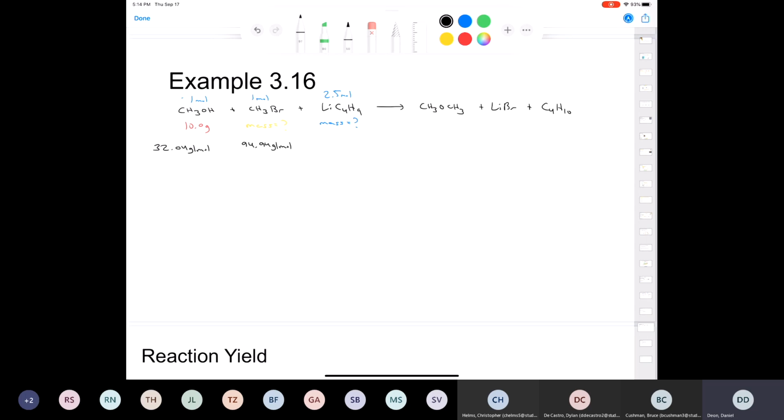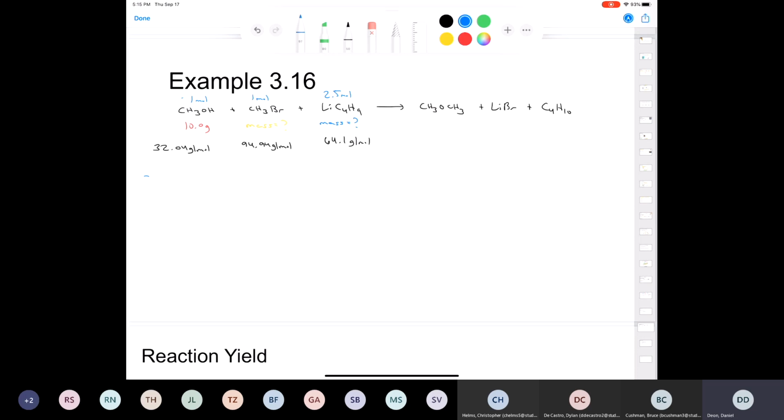And butylithium's molar mass is 64.1. So we'll put here 60.1 grams per mole. All right, so let's start out by figuring out the mass of methyl bromide that we're going to use up. Okay, so let's start.